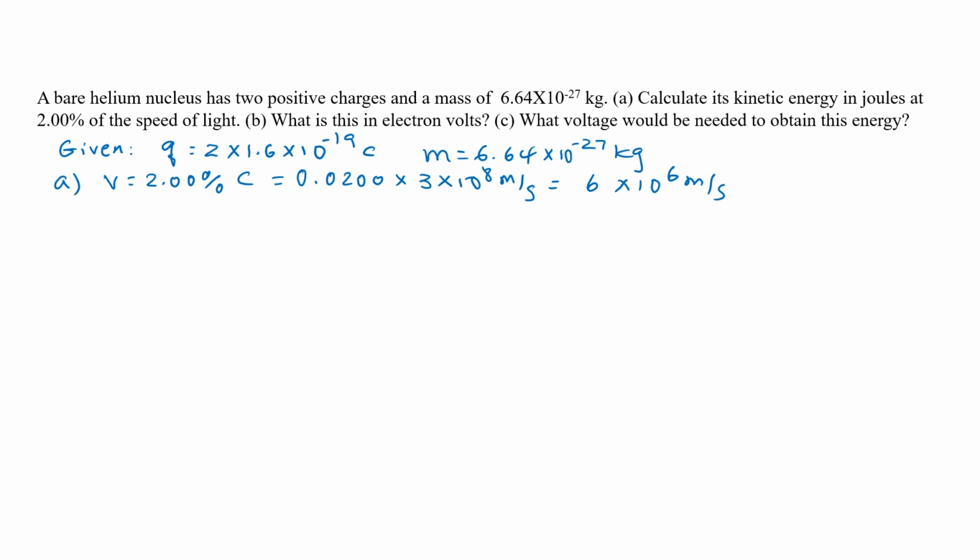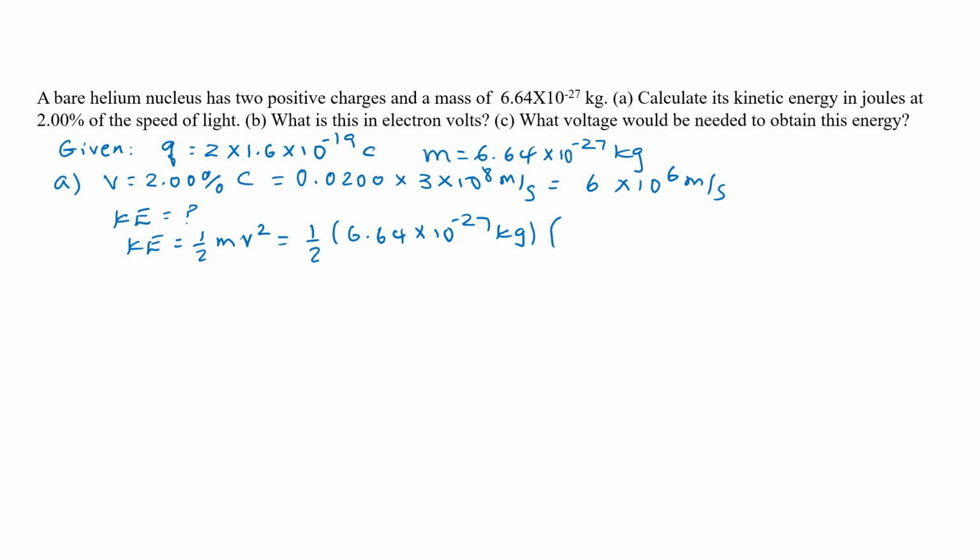And what we are asked to find is kinetic energy. And we know that kinetic energy is half mv squared. So just plug in the numbers. Mass is given to be 6.64 times 10 to the minus 27 kilogram.